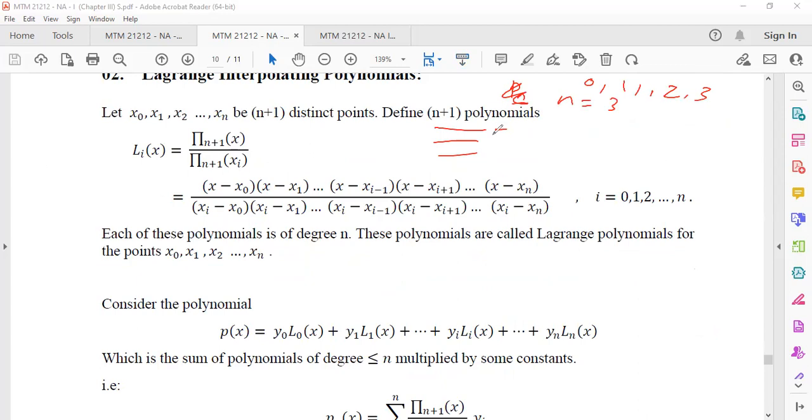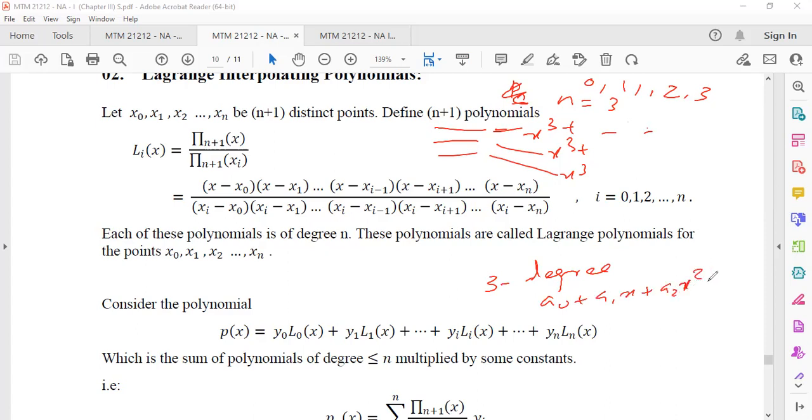Then this one will be x to the power cube, x cubed plus something: x squared, x, and then a constant. You know the 3-degree polynomial, a0 plus a1x plus a2x squared.